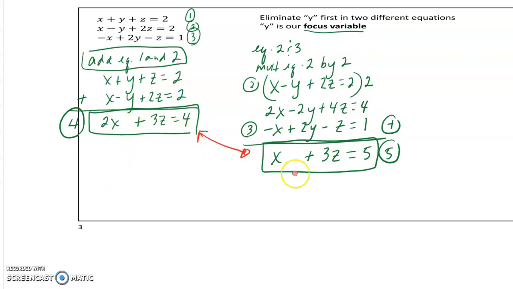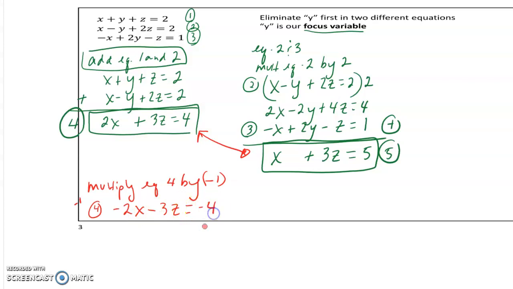Now I'm going to eliminate either the x by multiplying by a negative 2, or I could eliminate the z's by just multiplying one of these equations by a negative. I'm going to work with the z's because I just have to do one easy multiplication. So I'm going to multiply equation 4 by negative 1. That becomes negative 2x minus 3z equals negative 4.